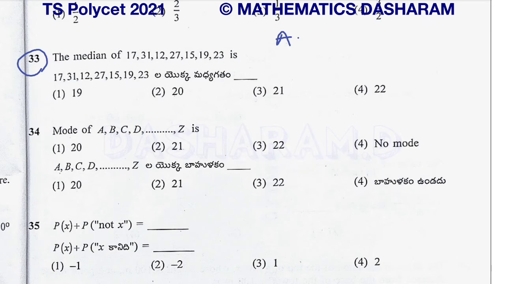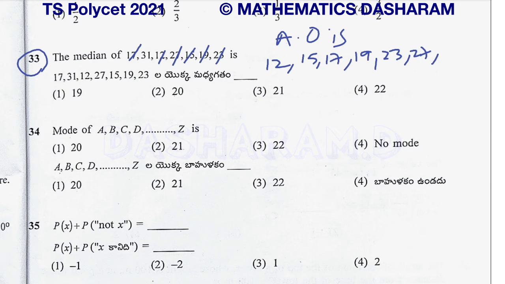The ascending order is first the smallest number, that is 12, next 15, next 17, next 19, next 23, next 27, next 31. So total how many? 7 observations. Then the middlemost value is the median. So 19 is the middlemost value. So option 1 is correct.